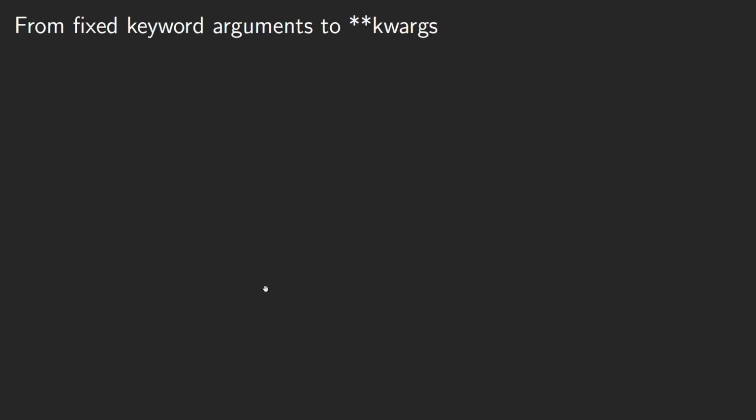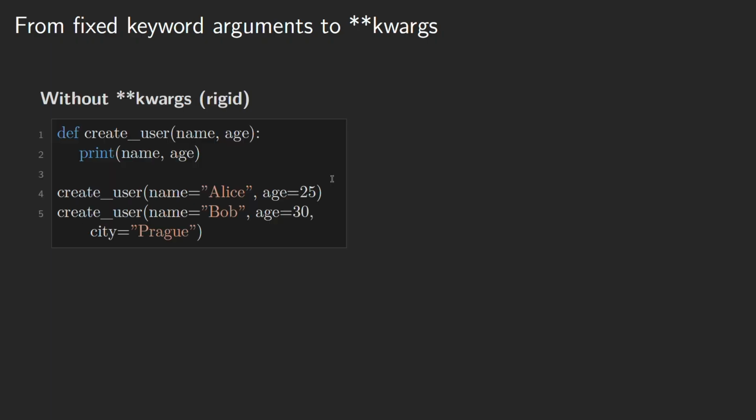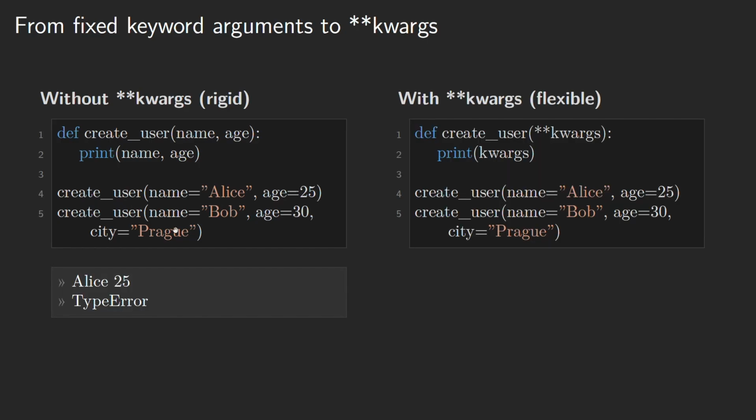So we talked about positional arguments, and let's move to keyword arguments. Here on the left we have a new function definition. It's create user, which takes two arguments, name and age, and we want to print name and age. When we call it with the name Alice and age 25, it works.